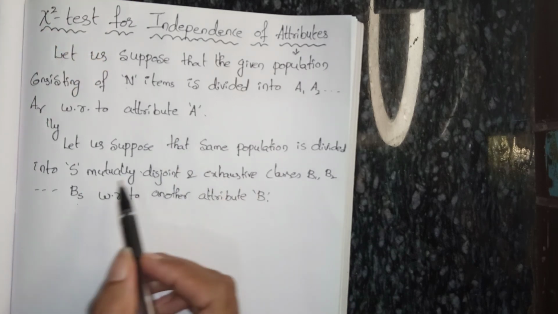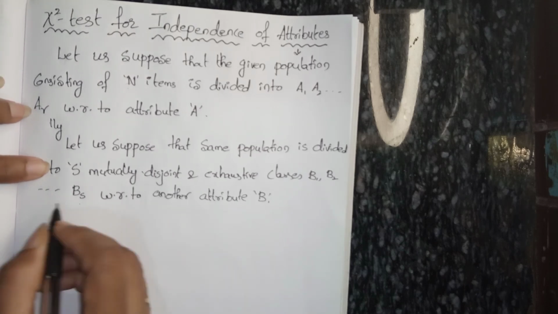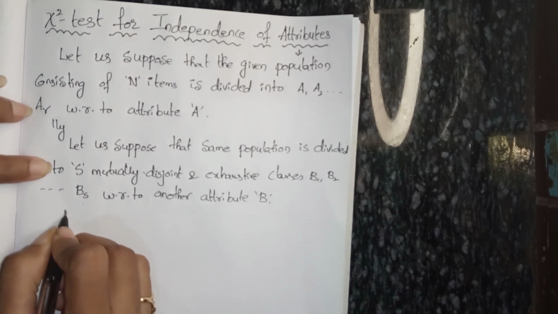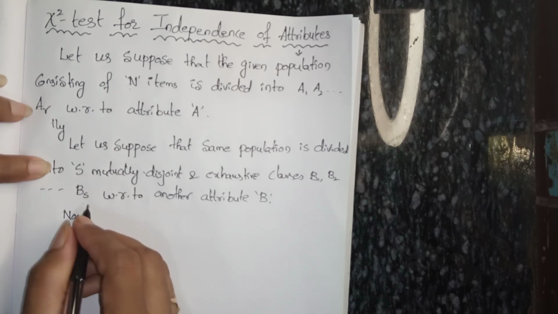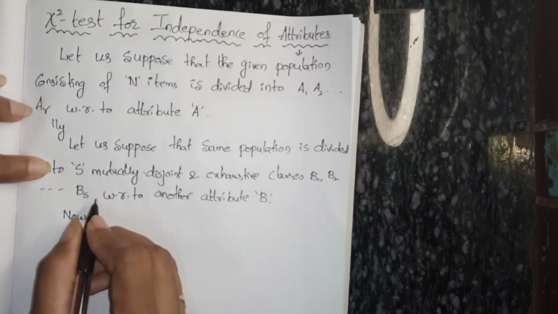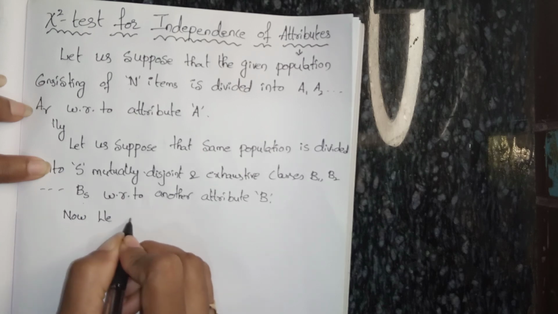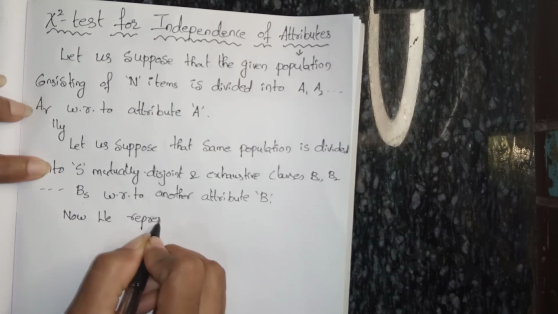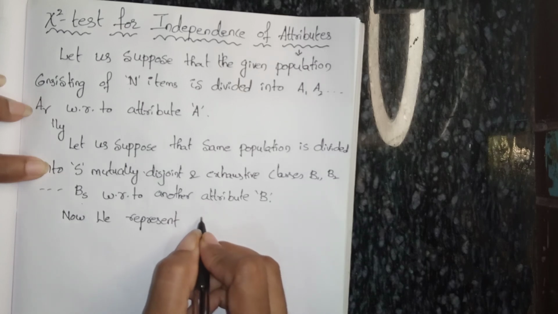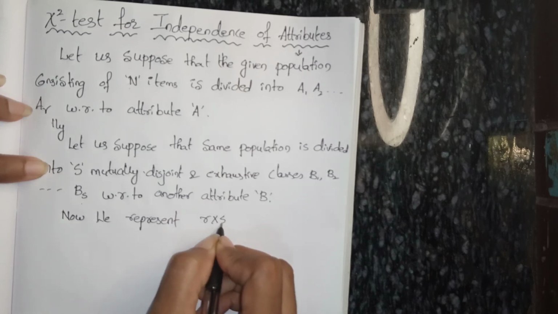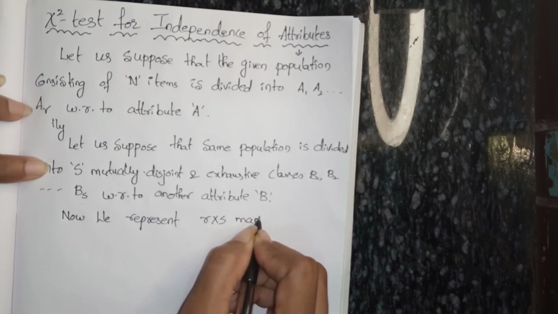Now we represent this as an R cross S manifold contingency table.